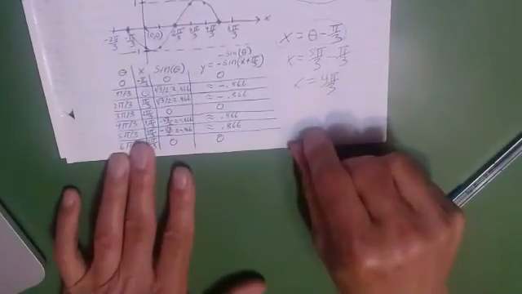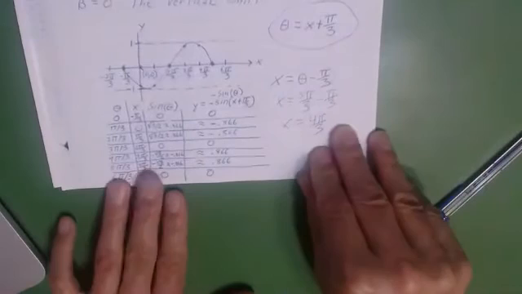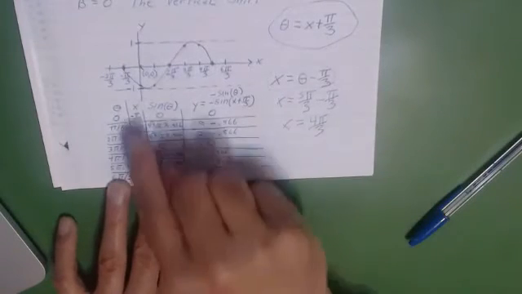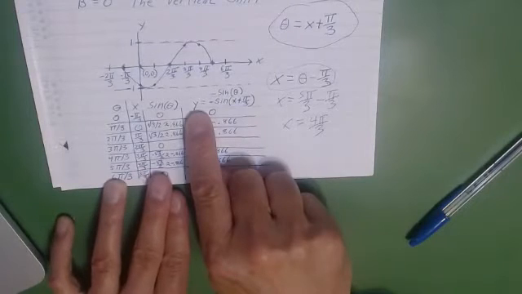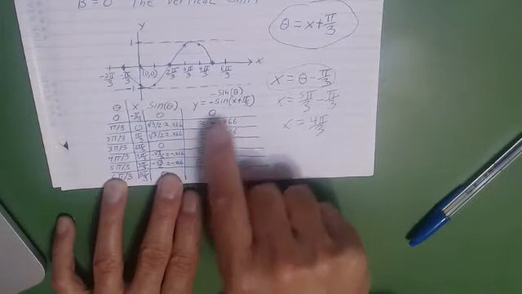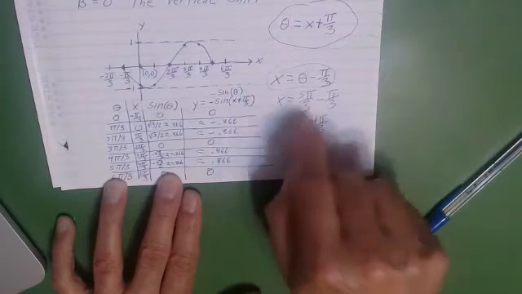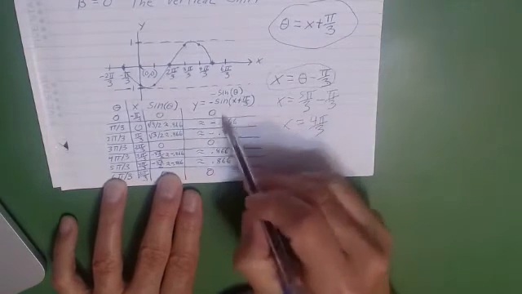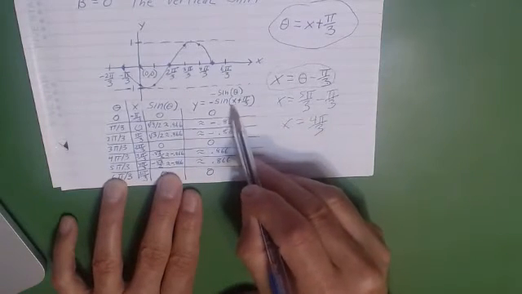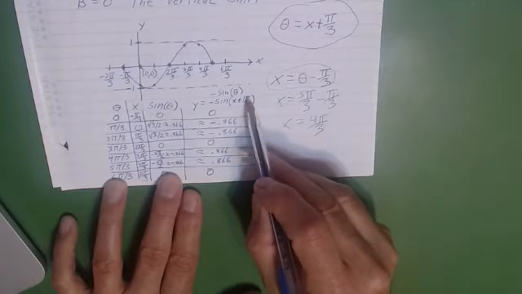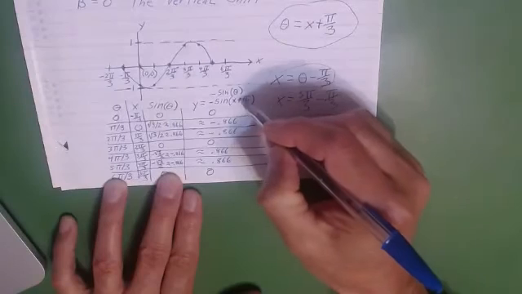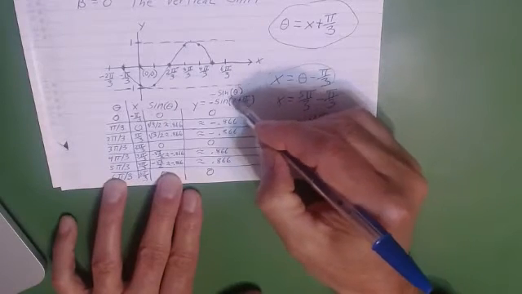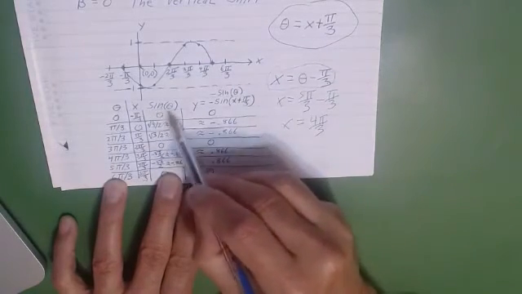And then what we're plotting in the graph is we're plotting x and y, which is the same thing as f of x. And f of x is the whole function, the original function. So our original function was minus the sine of x plus pi over 3, okay? But we already know that this x plus pi over 3 is just theta, and we've already got sine of theta here.